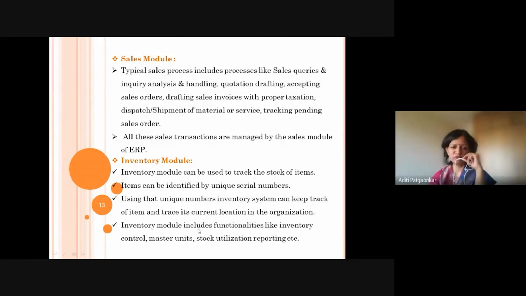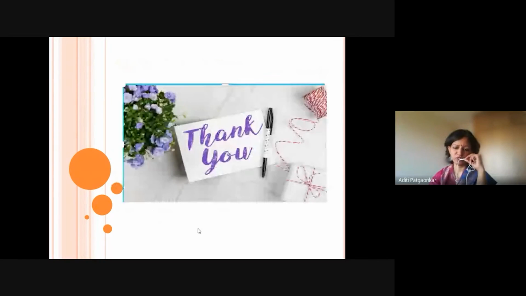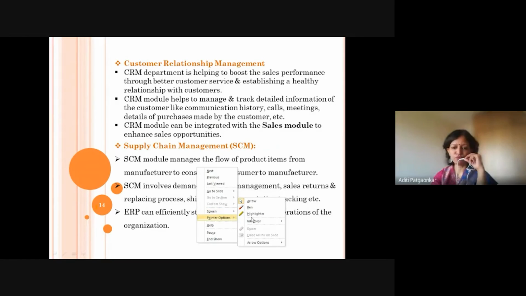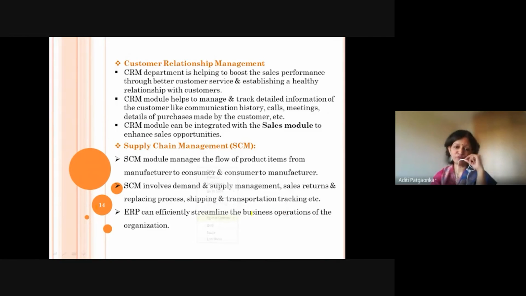The next module that we have is customer relationship management. But before that, I would like to give preference to supply chain management because this is again related to the production procedure. Supply chain management is the module which takes care of the delivery of products from the place of the manufacturer to the final consumer. So it is actually the flow of production from manufacturer to final consumer.